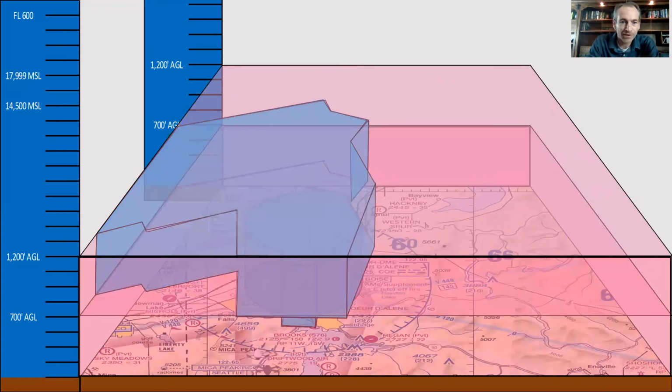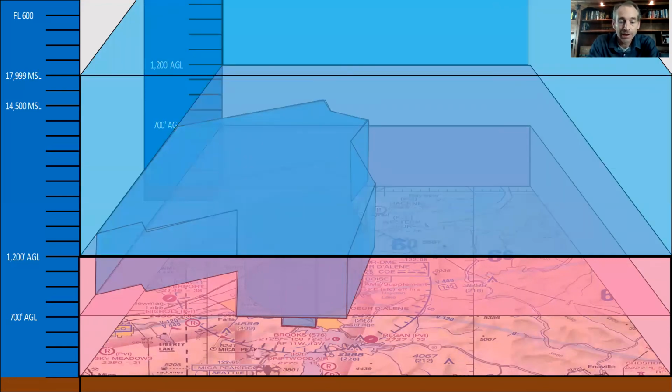And then everything outside of that Class E area up to 1,200 feet is going to be Class G. And then outside of that faded magenta line, 1,200 feet on upward up to 17,999 feet MSL will be Class E.